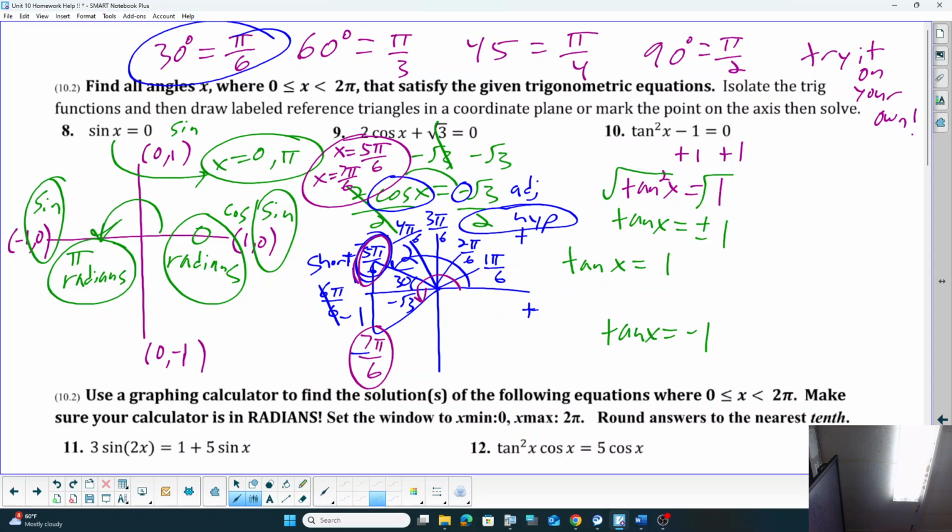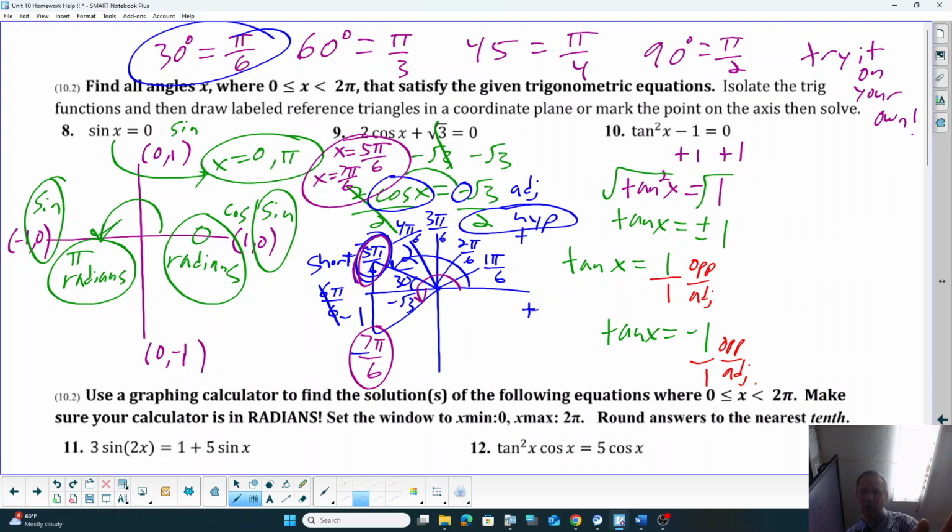Now don't forget, any whole number can be written over the number 1, and tangent is opposite over adjacent. And so can you think of a triangle, opposite over adjacent, that has a 1 and 1 as its two legs? You know what the hypotenuse is. You can use the Pythagorean theorem if you're not sure.